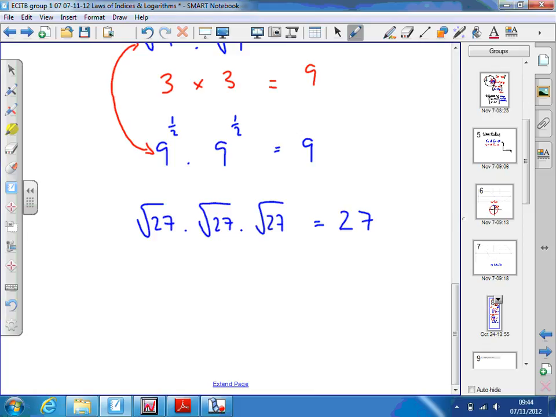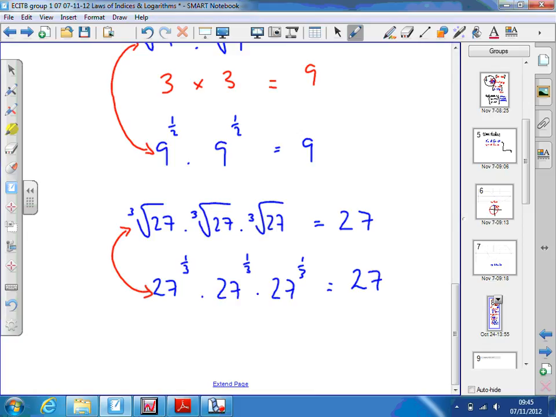But if we think of it in terms of the laws of indices, 27 to the power of a third multiplied by 27 to the third multiplied by 27 to the third must equal 27, since a third plus a third plus a third is 1. So 27 to the third is the same as the cube root, and I'd have to put a little 3 here to say the cube root. So they are the same.